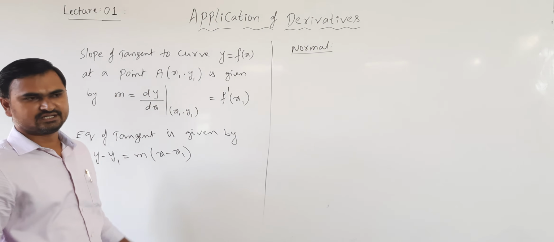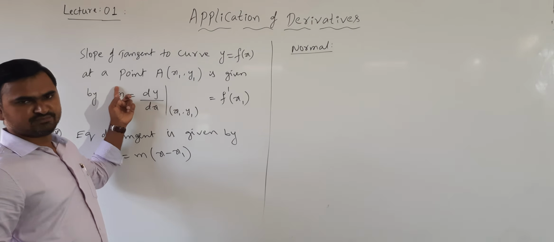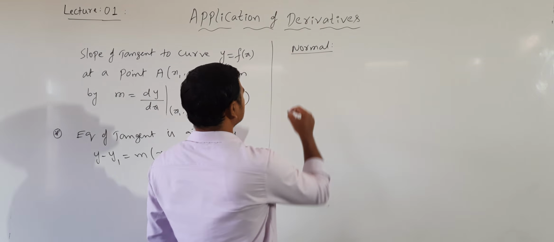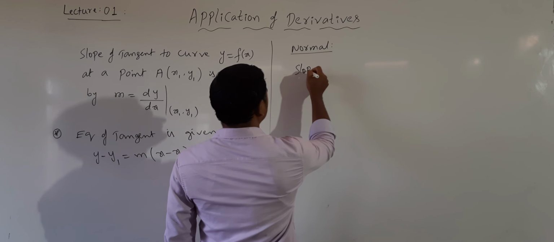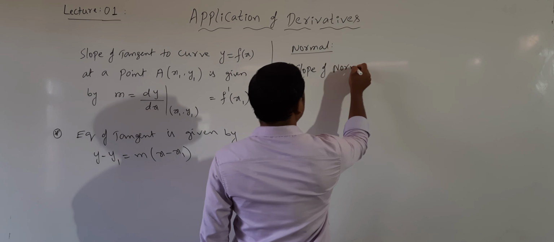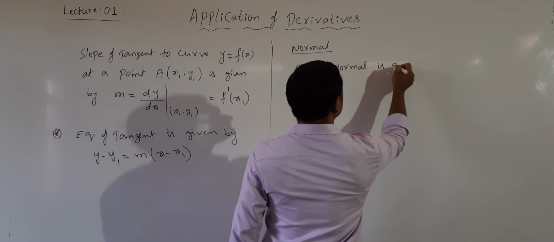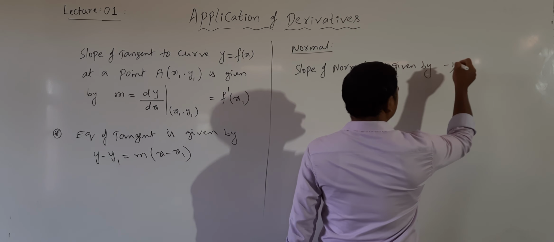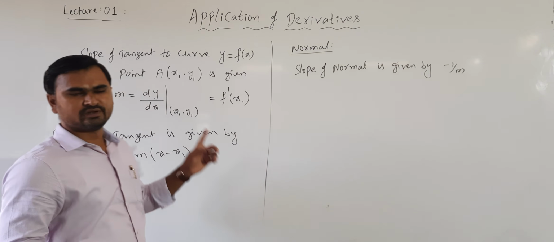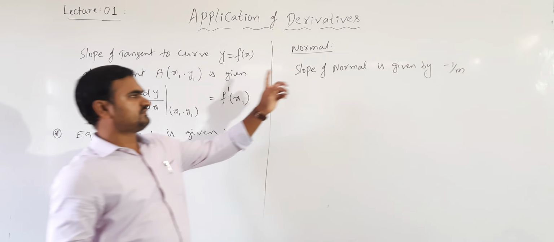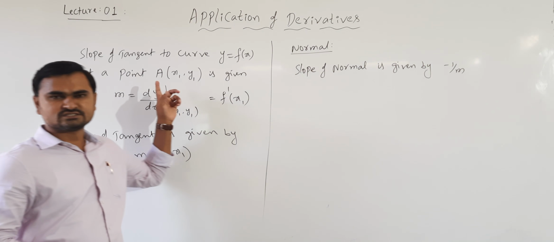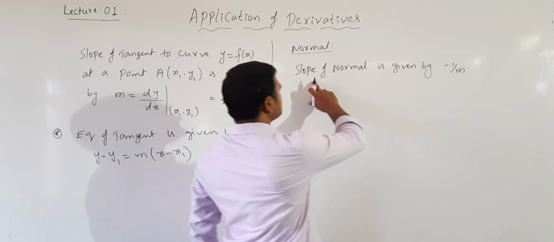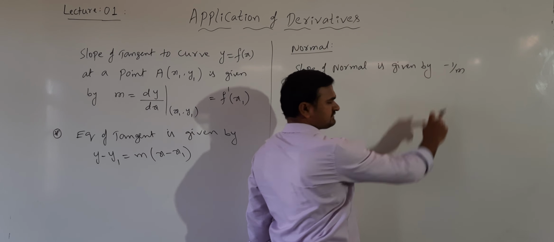We studied in straight lines: if the slope of one line is m, the slope of its perpendicular line is minus 1 by m. So slope of normal is given by minus 1 by m, where m is the slope of tangent. If you want to find the slope of normal, first you have to find the slope of tangent.